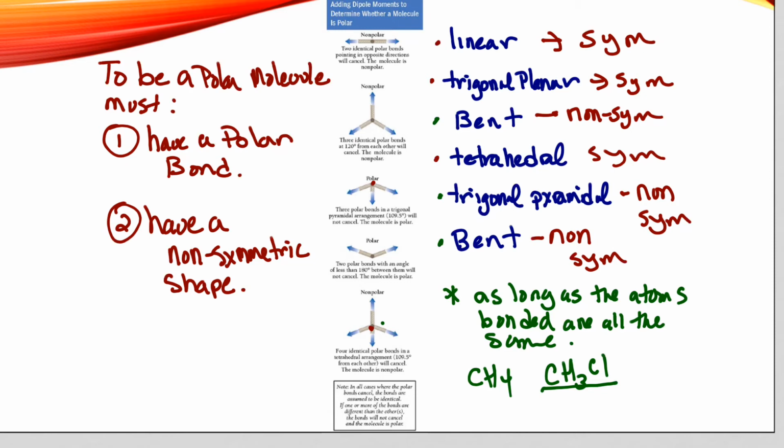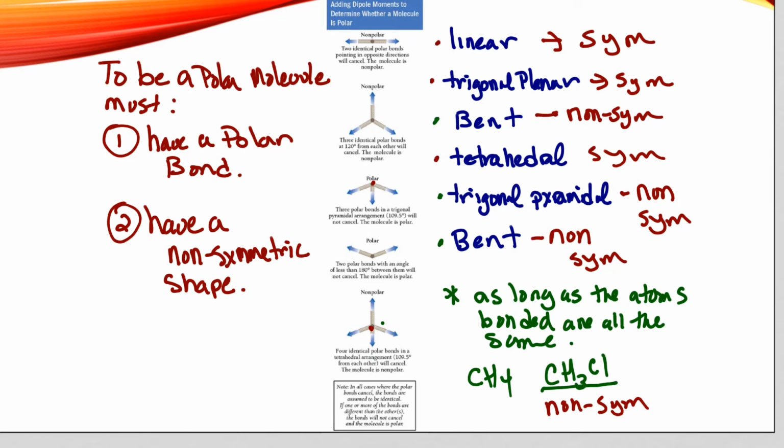So we need to watch out for examples where we have a symmetric geometry with all 4 bonds, but because all of the atoms aren't the same, it actually ends up being a non-symmetrical molecule, and therefore might be polar, right?